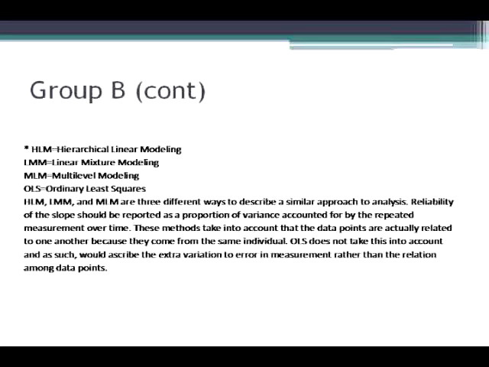But also right below that box on the form is a key, right? So that knowing all of the different acronyms that might be used in the analyses are included, and a short summary of what they are, what they're describing, and why they would be important means of calculating reliability of the slope.